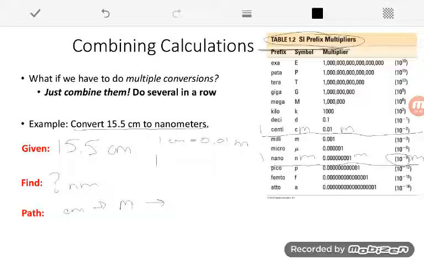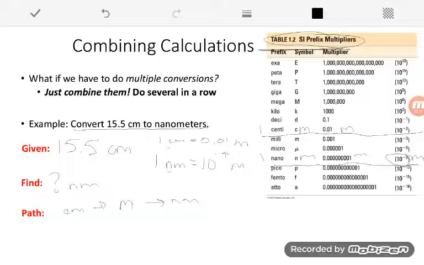So I know that 1 nanometer is equal to 10 to the negative 9 meters. The 1 always goes with the prefix version, and the number always goes with the base unit just by itself. And now I have a path: I'll go from centimeters to meters, and then from meters to nanometers.